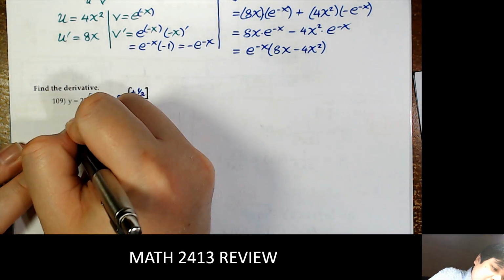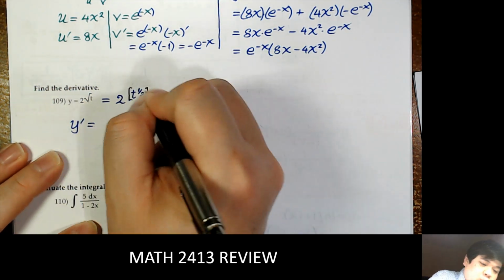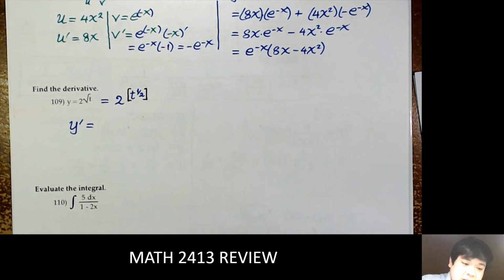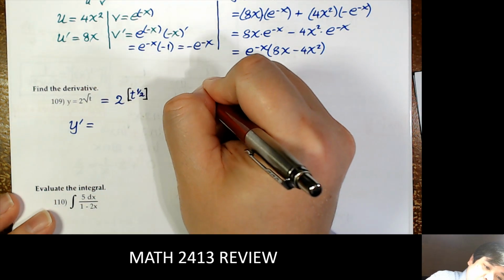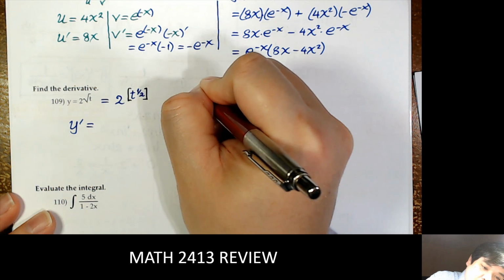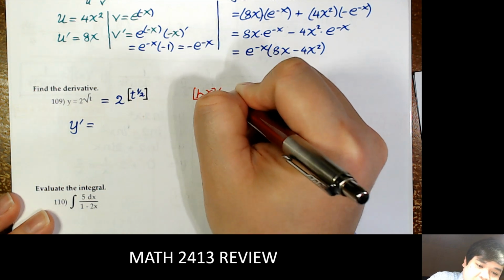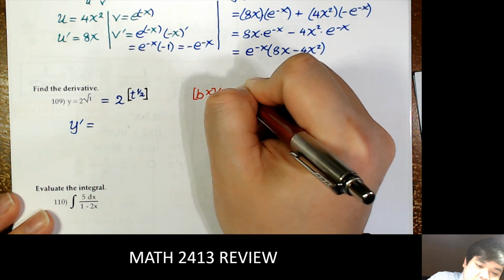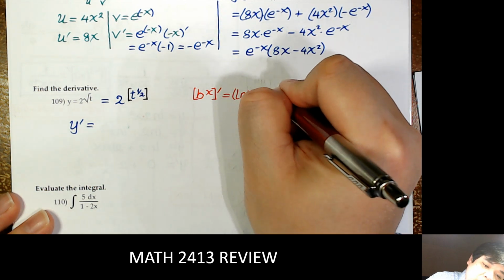So derivative is going to be the same thing, but we have to multiply by the ln of the base. So derivative of b to the x is ln of b times b to the x.